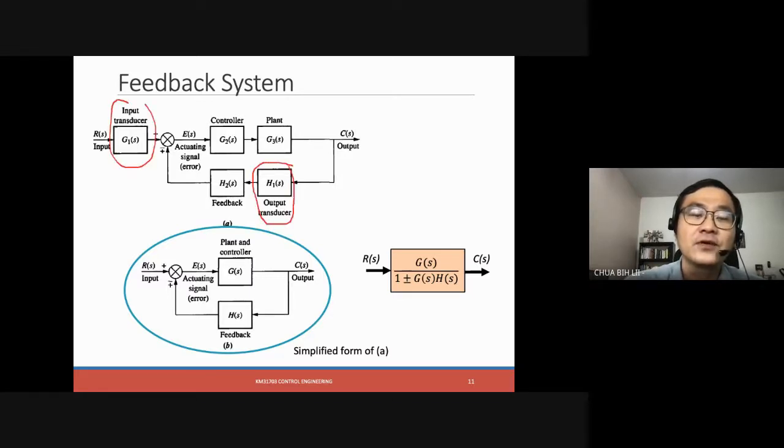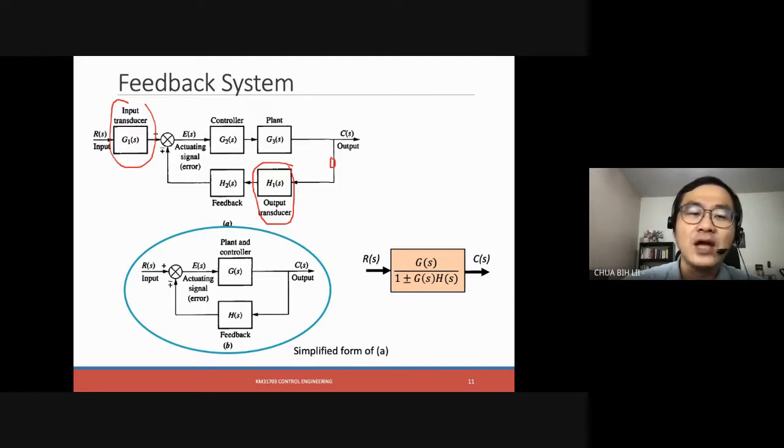Why we need a transducer is because, for example, if you put a sensor over here, sensors normally give signals in the microampere range, a very small signal. So you need to amplify it to a signal suitable to be fed back to our controller, maybe from microampere to ampere, so that it can be recorded.